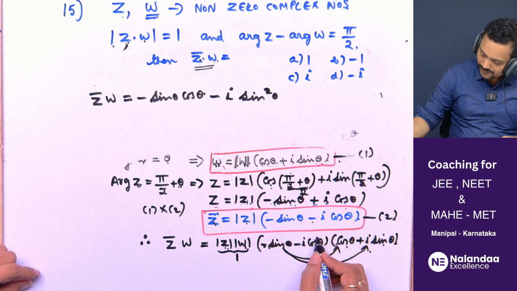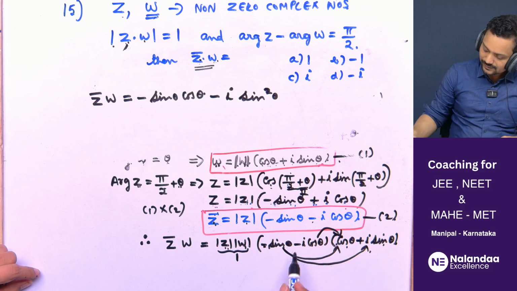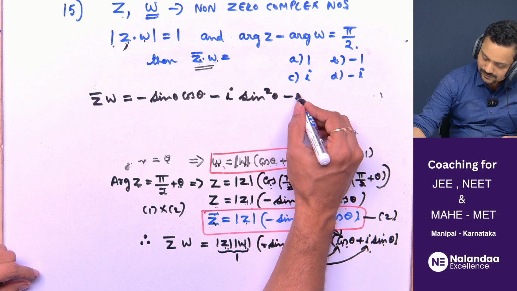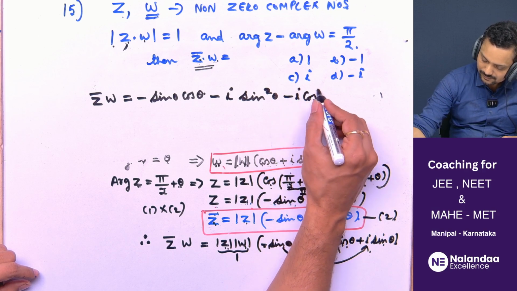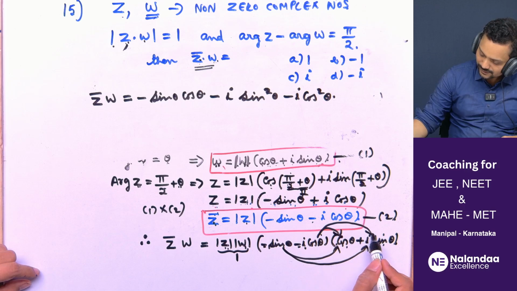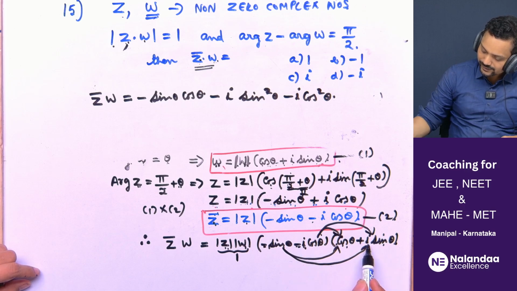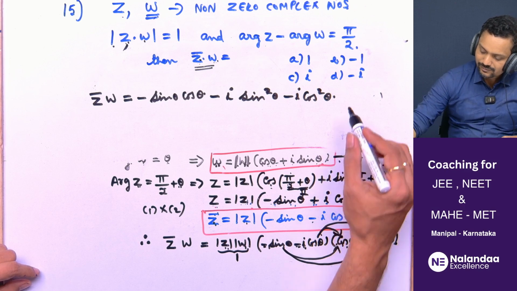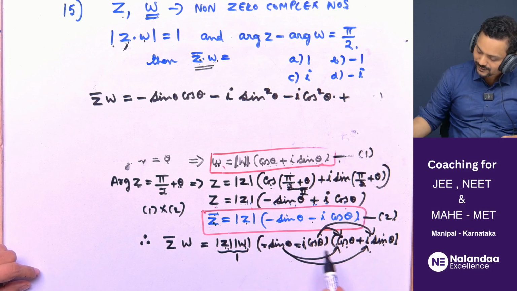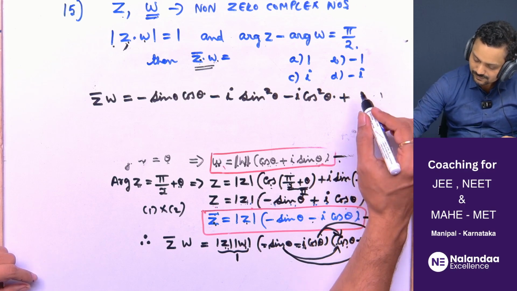Then minus i cos theta into cos theta is minus i cos square theta. And if you multiply this with the last term, minus i into i is minus i square, which is plus 1, because i square is minus 1. So it is plus cos theta sin theta.